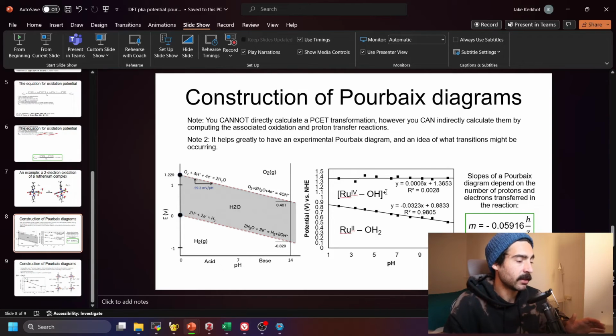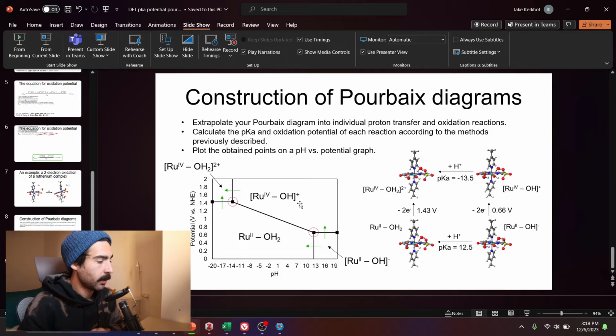However, the calculation of a direct proton-coupled electron transfer is not simple. Usually we can't get accurate values, especially because this transformation is dependent on pH. So in order to calculate this Pourbaix diagram, we can extrapolate our data to the edges of these transformations.